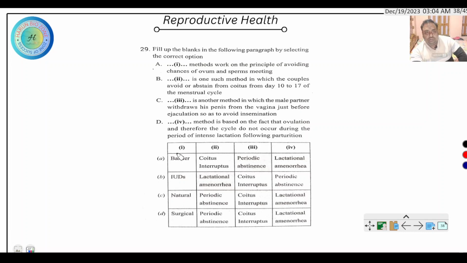The natural method. Number 2 is a method in which the couples avoid or abstain from coitus from day 10 to 17.